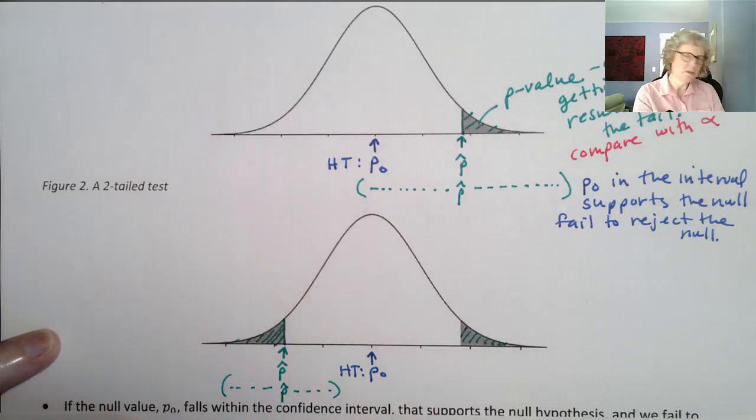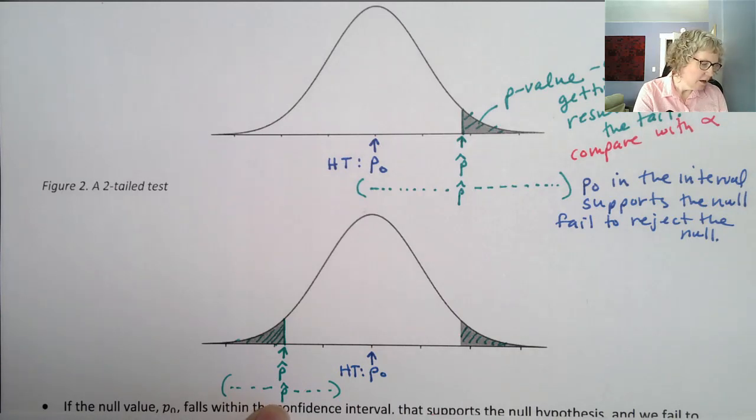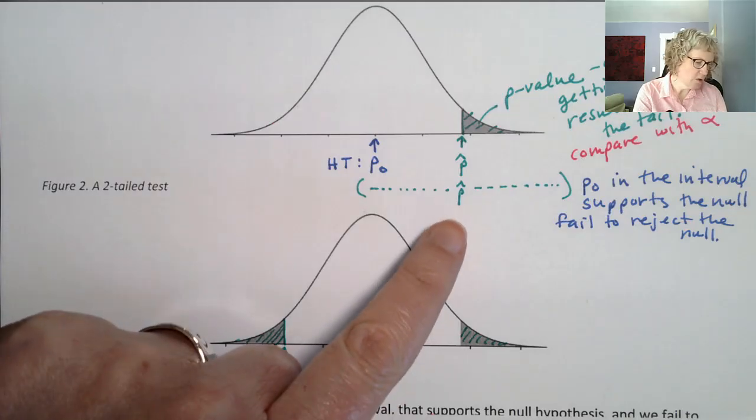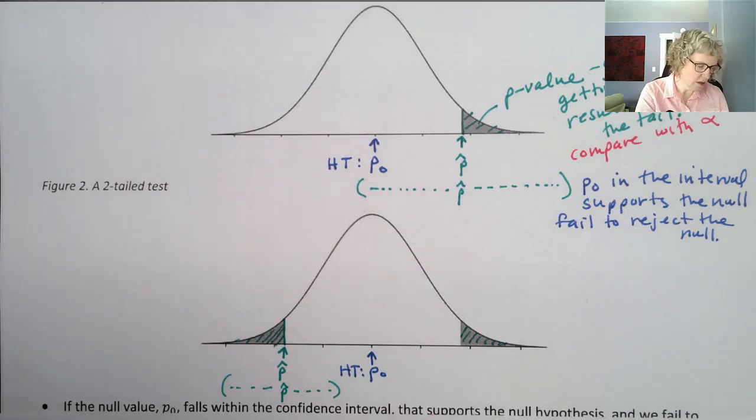This time I'm just going to make it a little bit smaller so that it does not include the null value. Okay, so when the null value is not in the interval, that supports the claim. That supports rejecting the null. Okay. Now, one thing I want to say, let me write that out first, and then I do want to mention something for a two-tail test.